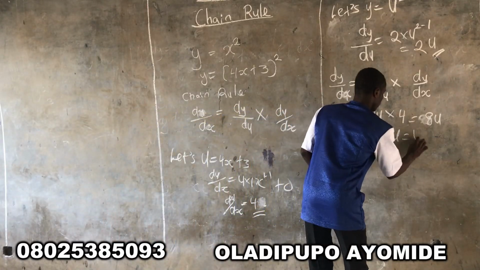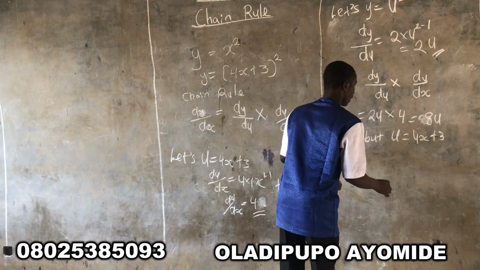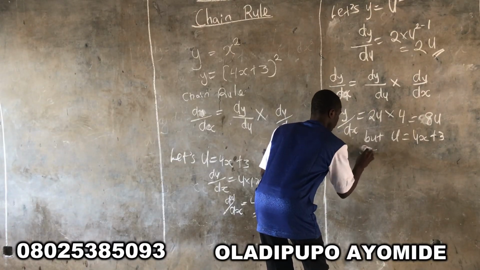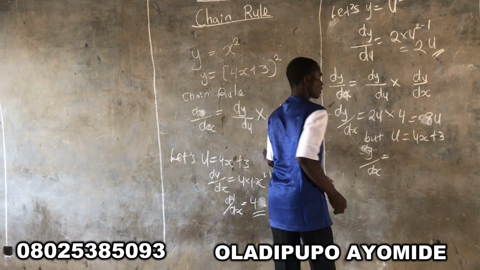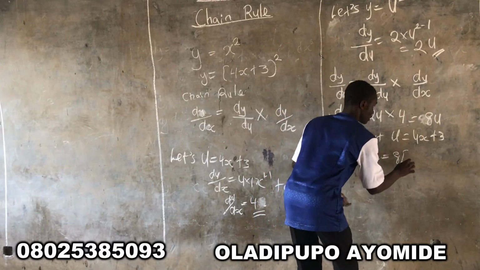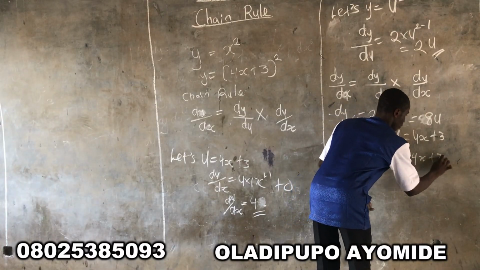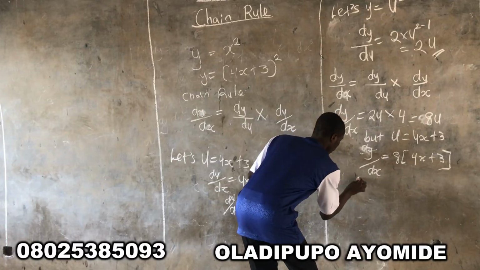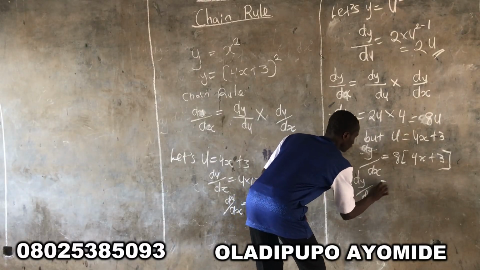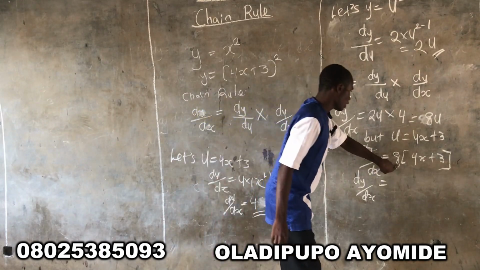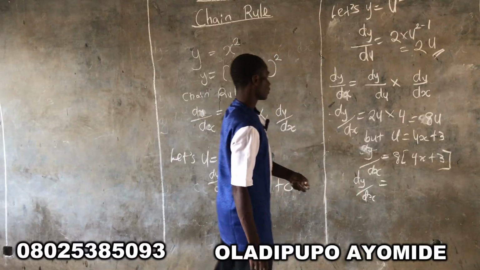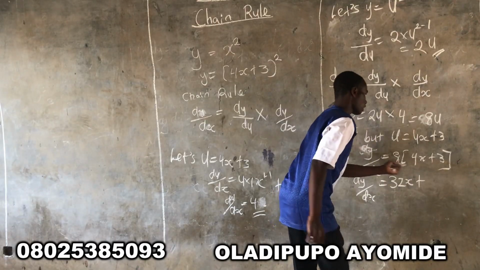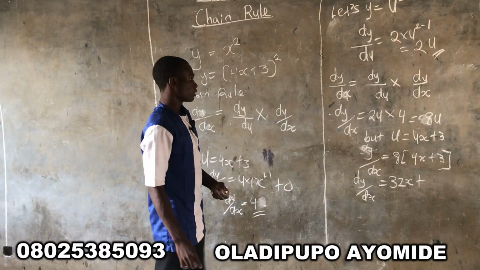So if our u is 4x plus 3, then our dy over dx is equal to 8 times (4x plus 3). Then dy over dx is equal to 8 times 4, which is 32x, plus 8 times 3, which is 24.